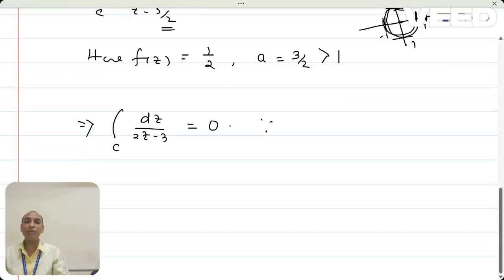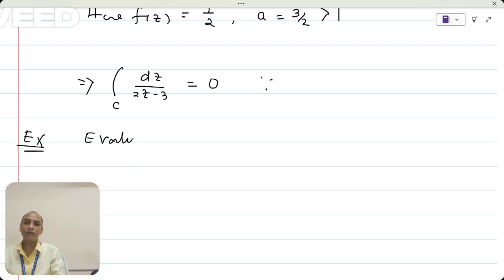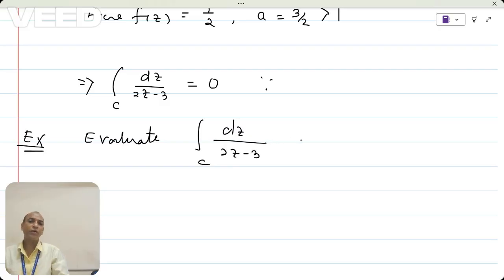For example, the same problem I will do for some other region. Evaluate the integration over c of dz by 2z minus 3, where c is mod z equal to 2.